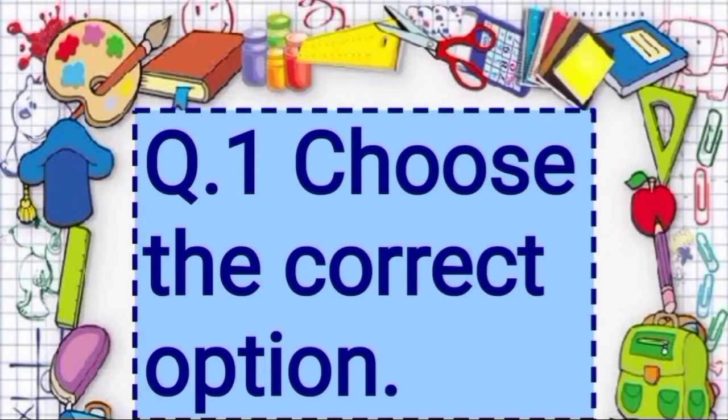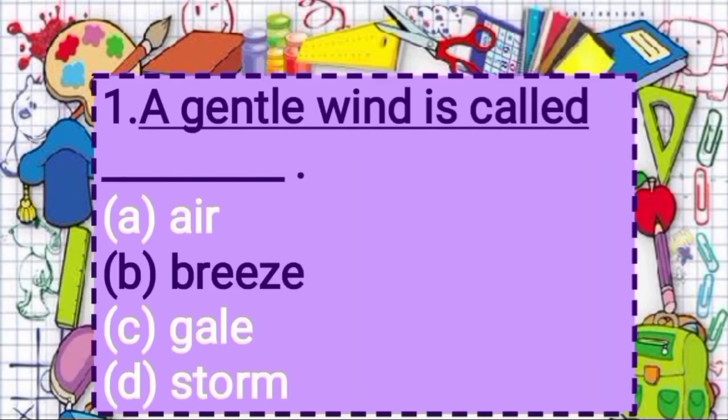Now let's solve question 1. Choose the correct option. First, A. G-E-N-T-L-E, gentle. W-I-N-D, wind. Is called dash. So the question is, a gentle wind is called dash.